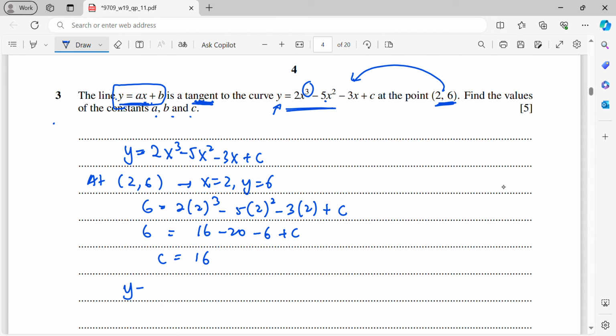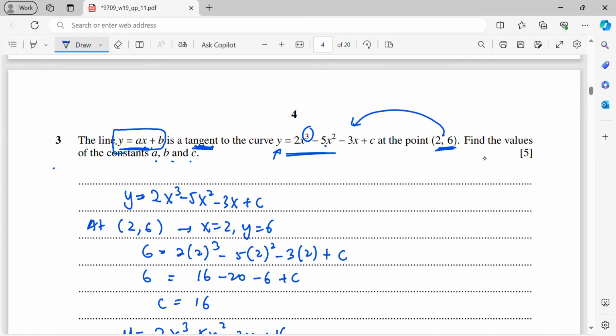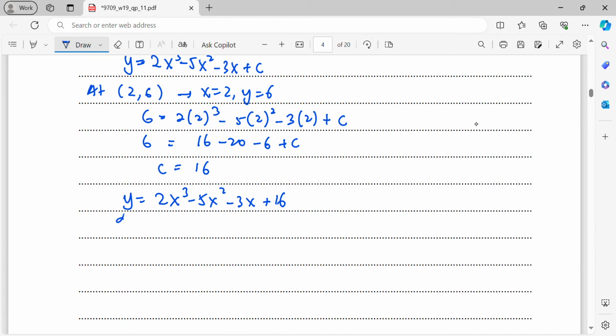So now I will write y equals 2x cubed minus 5x squared minus 3x. C is 16, so plus 16. Now tangent, another meaning is dy dx equals 0. So now I will differentiate.